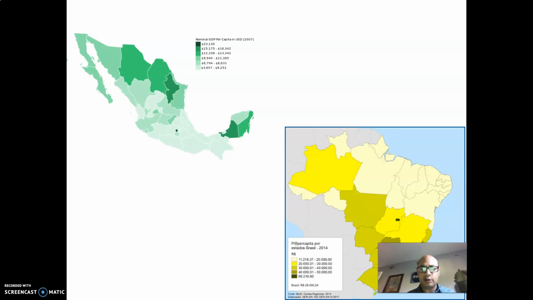For example, take a look at Brazil on the bottom right of your screen. Where do you see wealth highest? Along the coast, right? And lowest in the interior region of the Amazon. So Brazil experiences quite a bit of uneven development.